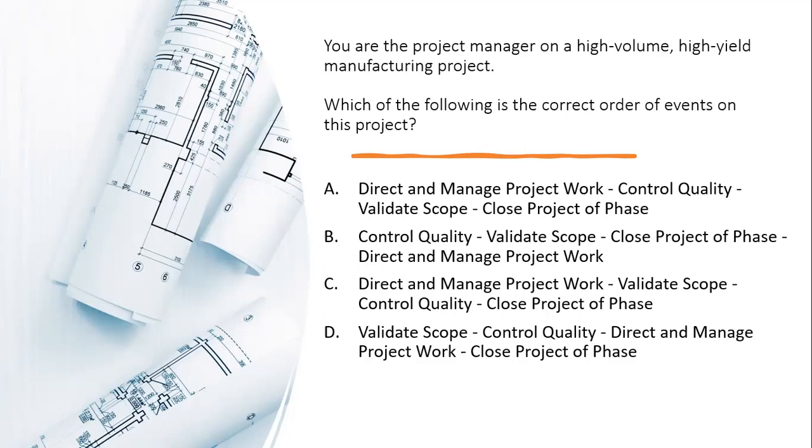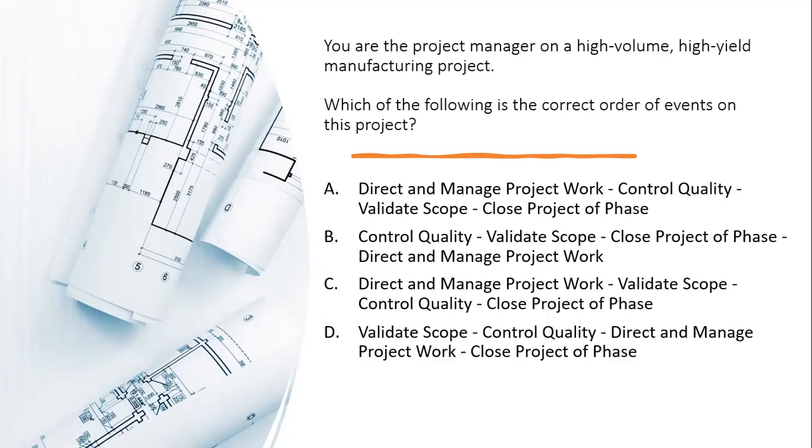So, taking a look at this, we can use the process of elimination to disqualify some of these options. For the most part, there are four processes at play here. We have direct and manage project work, control quality, validate scope, and close project or phase.